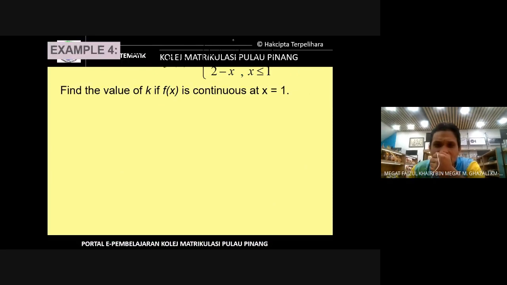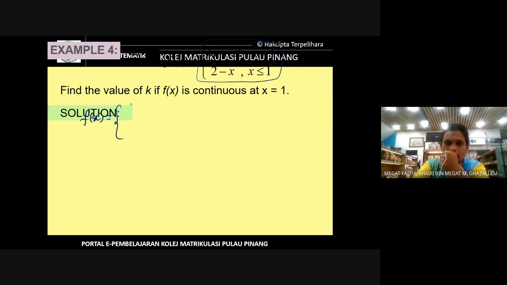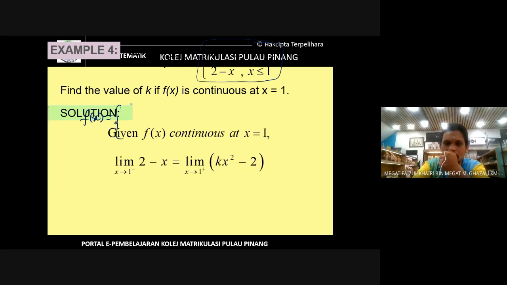Class, what is the function of this? Can somebody read it for me? kx square minus 2 for x greater than 1, and 2 minus x for x less than or equal to 1.